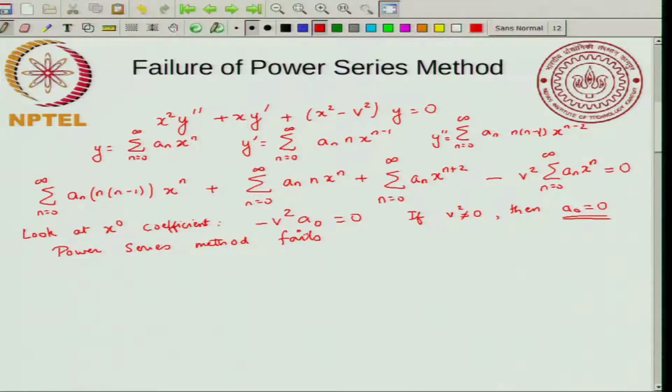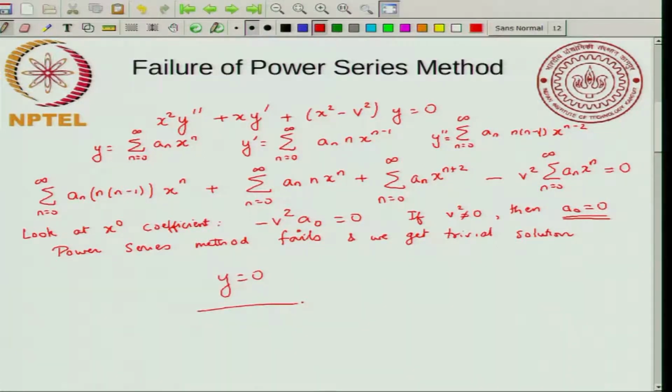With a 0 equal to 0, obviously you can see from here that all the even powers will be 0, and if you do the same thing, you will also get that the odd powers go to 0. So, the power series fails and we get the trivial solution y equal to 0.